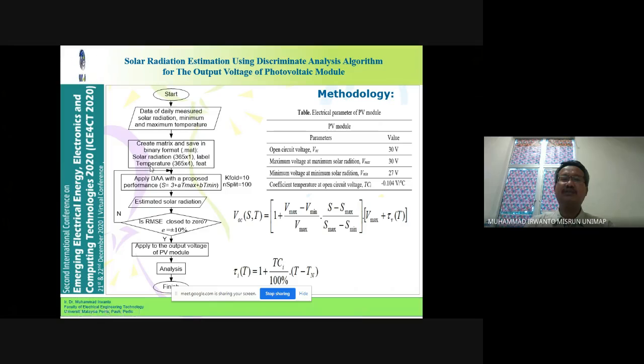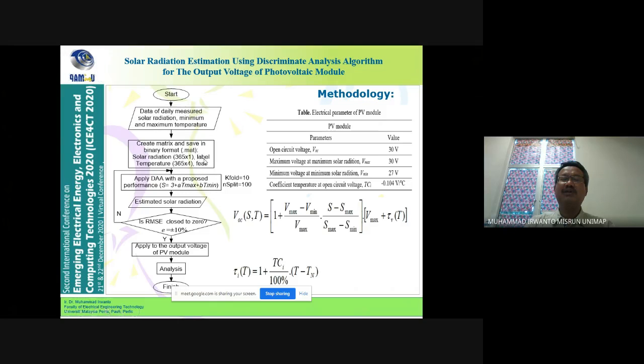And then the minimum and maximum temperature is also created in a matrix. The matrix dimension is 365 times 4. And then it is given the matrix name feat.